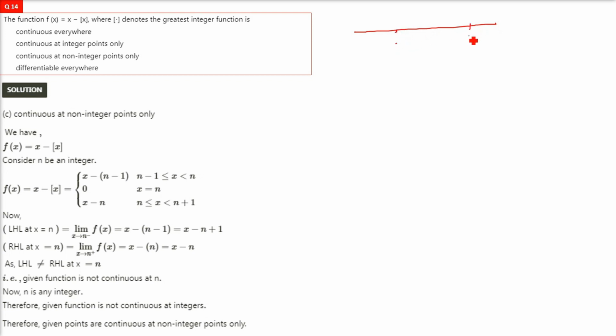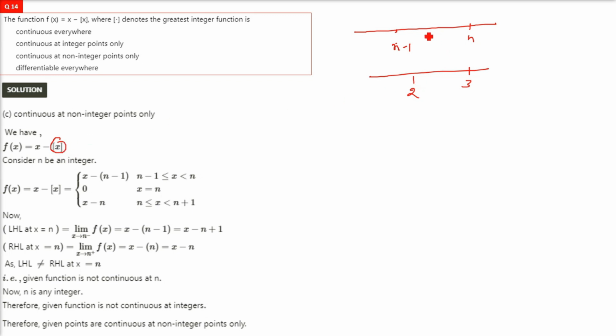So if you have n and n minus 1, I'm just trying to show you how graphically you can understand it. If I make a line and you are between 2 and 3, the GIF function will always give you the lower integer.